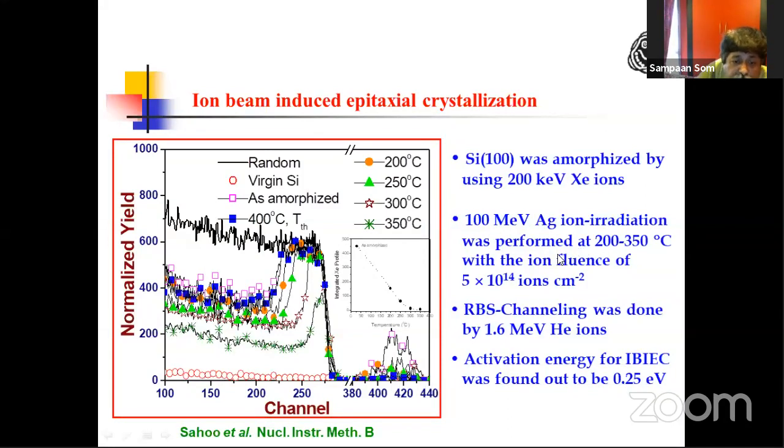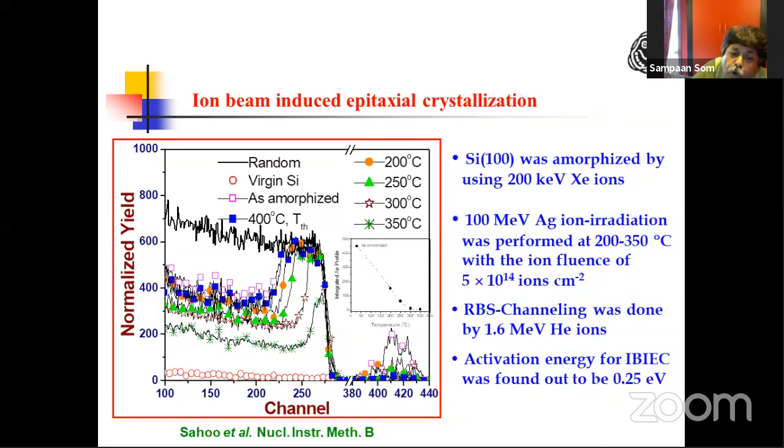You can see that the thickness of the amorphized layer starts continuously reducing, and at 350 degrees centigrade its crystalline quality also improves, more than 50% from the as-amorphized sample. You see the substrate signal is also very near to the experimental point, very near to the originally procured sample, that means the commercial sample with which we started. And from here, you can see that the depth of amorphosity or disorderedness has come down.